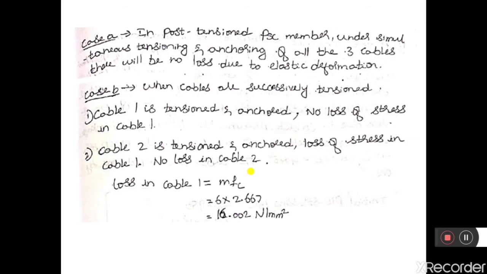As a result, there will be loss in cable 1, which is already tensioned, and cable 2 will have 0 loss because cable 2 is anchored after that shortening occurs. Therefore, loss in cable 1 is equal to m into fc. Here m is the modular ratio, which is given, and fc is the compressive stress in the concrete, which is 2.667 Newton per mm square. Therefore, loss in cable 1 is equal to 16.002 Newton per mm square.